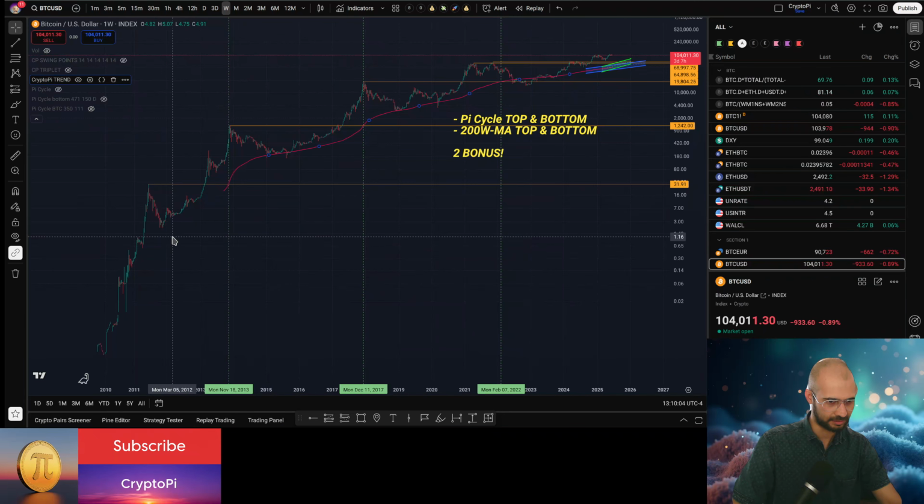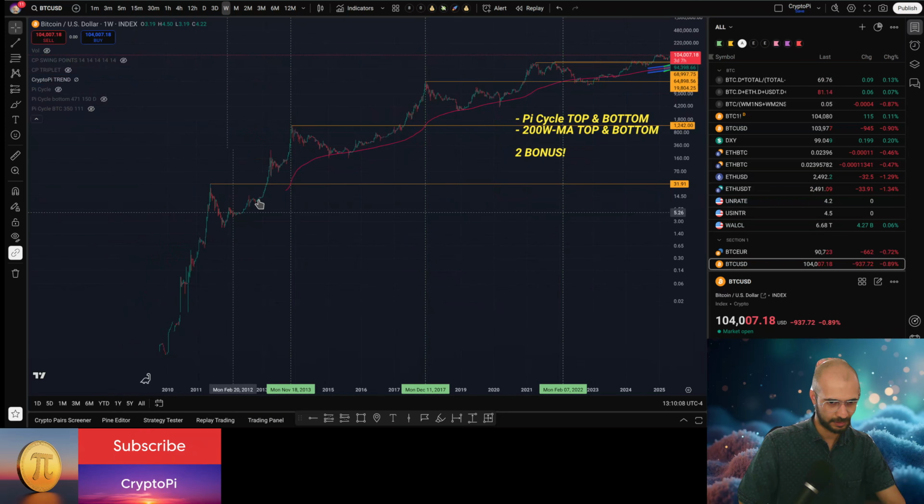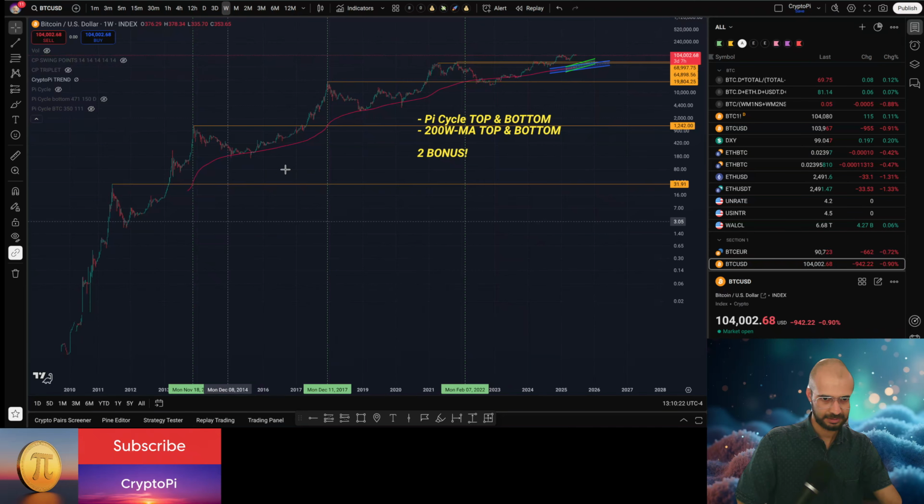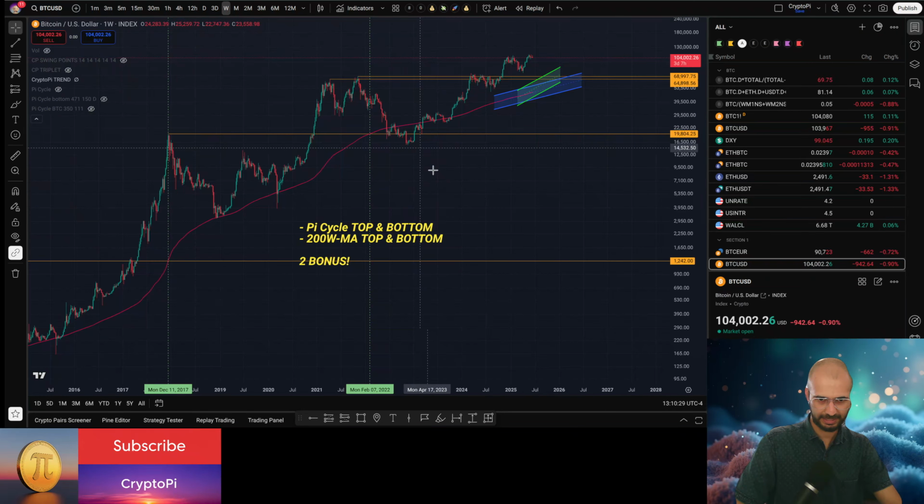So the idea here is that whenever the 200-week moving average crosses the previous all-time high, that is usually the top of that 4-year cycle. It worked in 2013, it worked in 2018, however in 2022 it was pretty late.